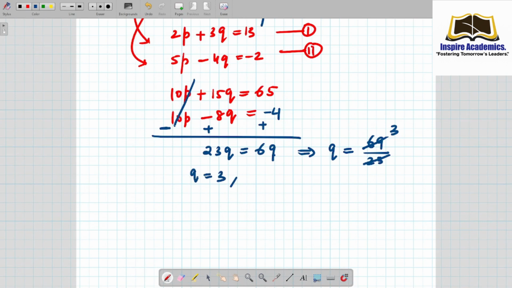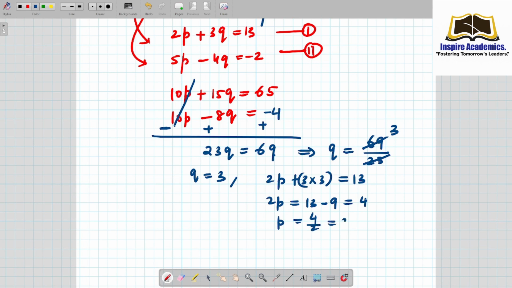So what is the value of p? We can substitute q in equation 1. So 2p plus 3 times 3 is 13. So 2p will be 13 minus 9, which is 4. So p is 4 upon 2, which is 2.